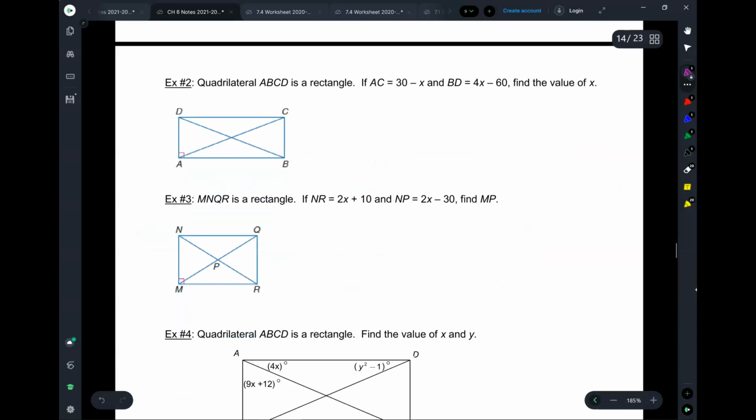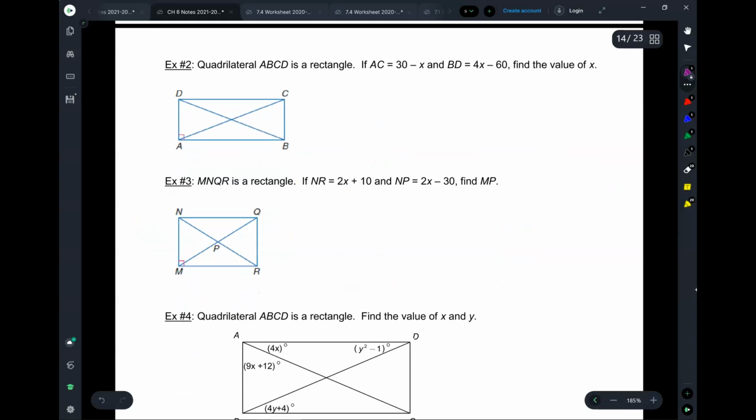Okay. Here we go. Quadrilateral ABCD is a rectangle. So immediately when you know that it's a rectangle, you know all 4 right angles, diagonals are congruent, and you know all of the stuff from parallelograms. If AC is 30 minus x and BD is 4x minus 60, find the value of x. Well, what do we know about AC and BD? Congruent.